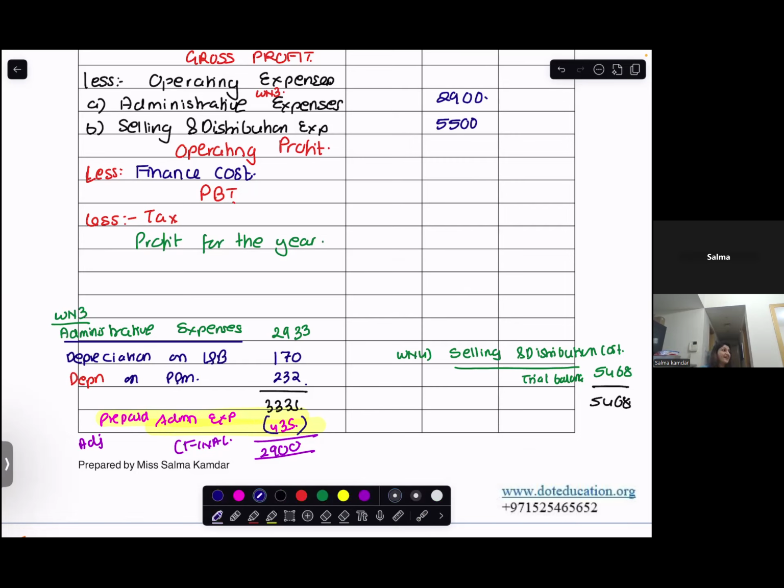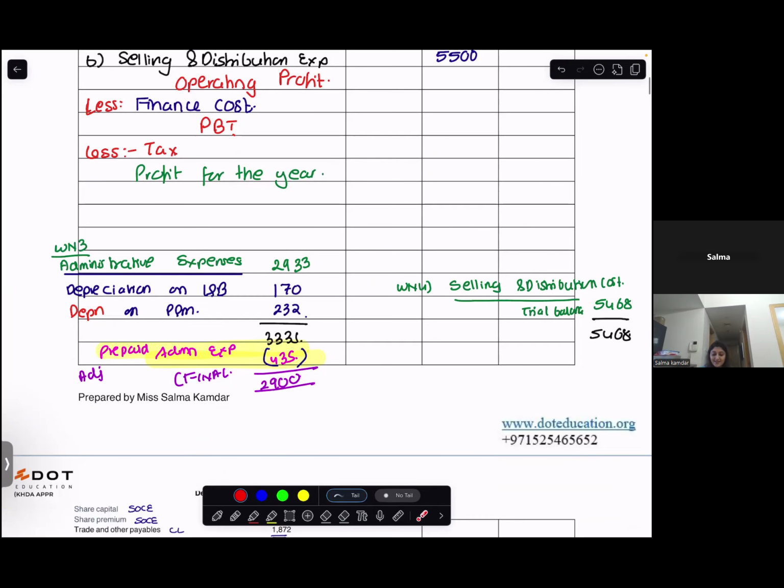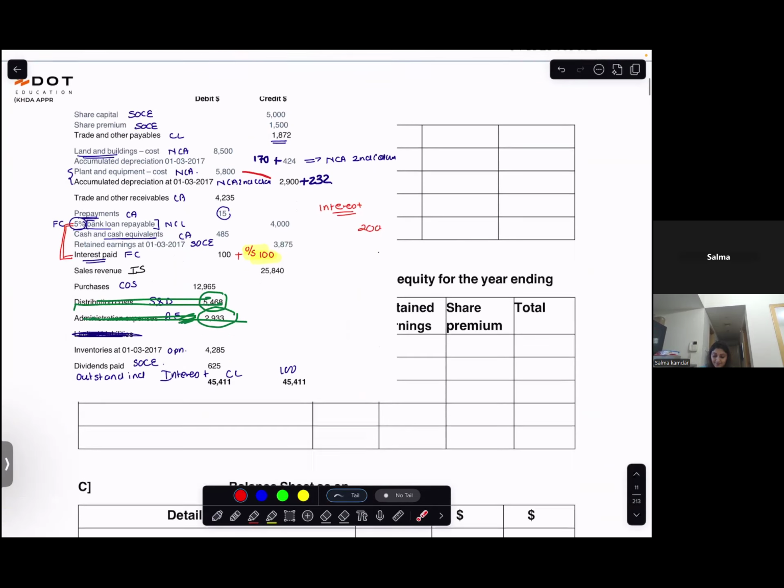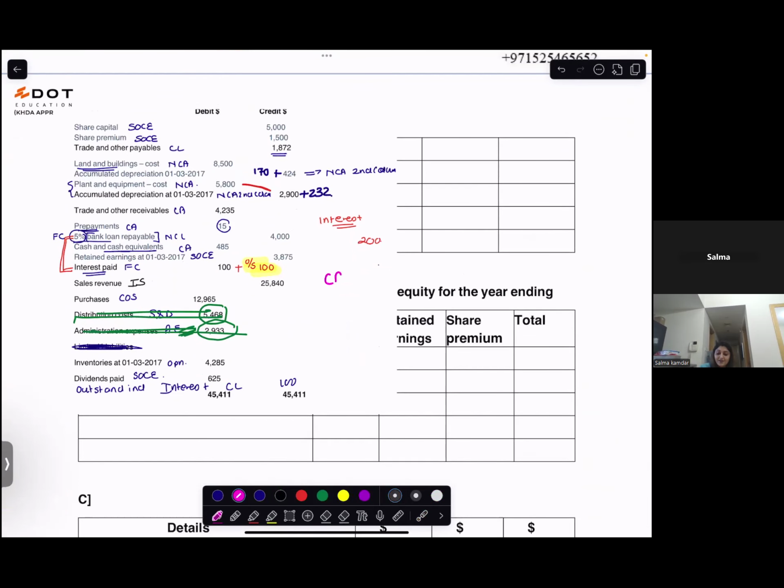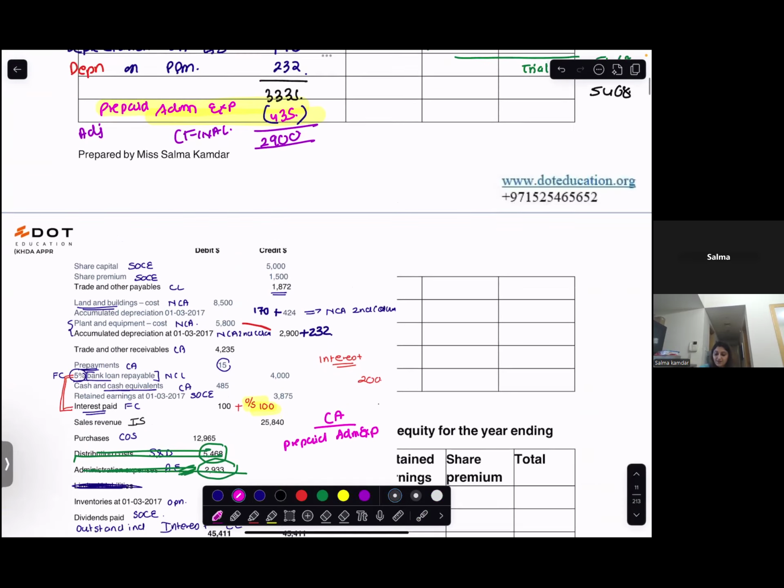It really does not make any difference to me because I have written the total expenditure for the year. But how about this amount? This will go in current assets. In my trial balance, I will write as current assets, prepaid administrative expenses, 435.